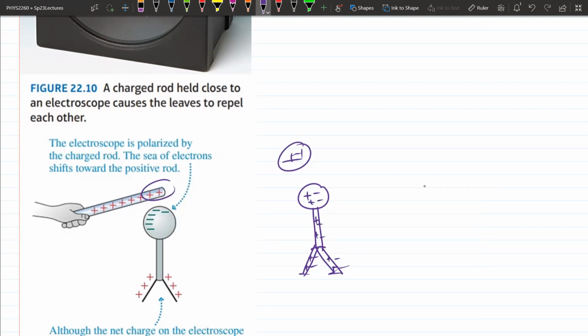But the positive charges don't get to move. It's the lack of electrons down here that makes these two little slivers of aluminum foil positively charged. When you have two things that are the same charge, they're going to repel each other, and that's why that little electroscope moves even though I'm not even touching it.